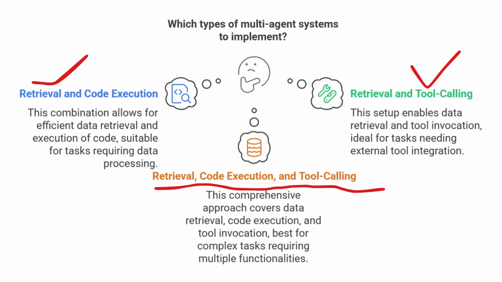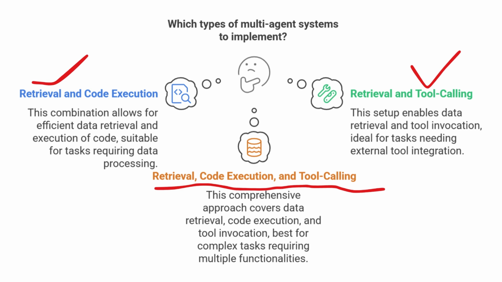The retrieval agent searches legal databases for relevant cases, the code execution agent analyzes court rulings to find patterns, and the tool calling agent drafts a legal argument in a structured format. The lawyer does not just receive a list of case references but gets a well-organized legal document ready for review. By combining these agents, AI can not only search for and process data but also generate structured outputs, saving time and improving accuracy.